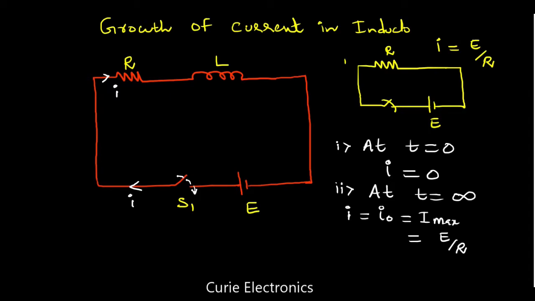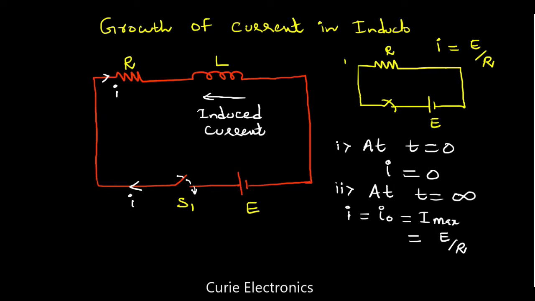So an induced current is developed. This induced current is opposite to the direction of the current generated by the EMF or potential difference, so it opposes the current coming from the battery.